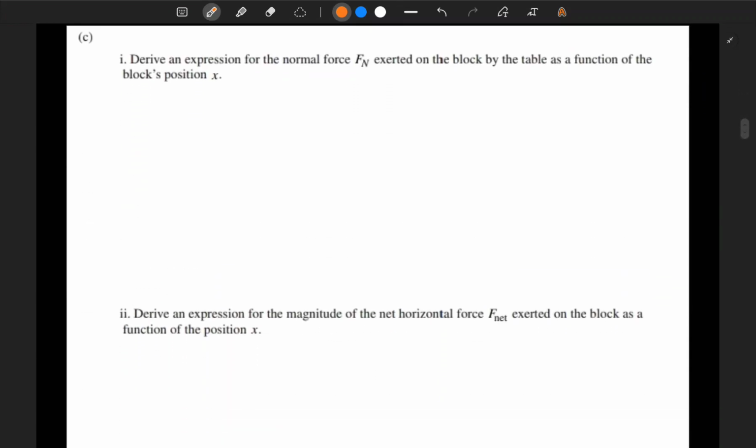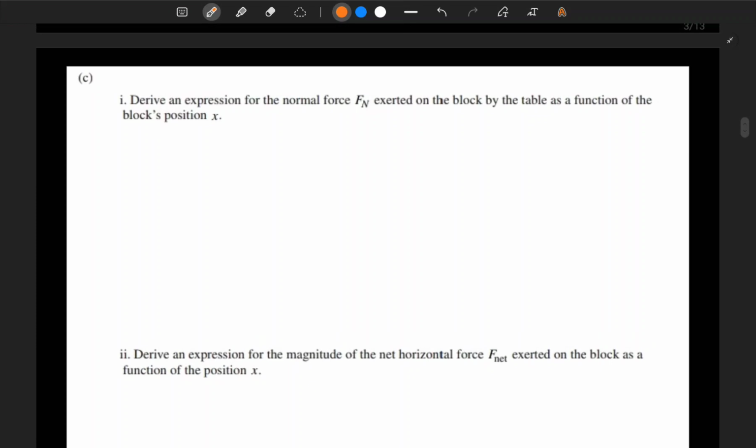Next, in C1, we wish to derive an expression for the normal force Fn exerted on the block by the table as a function of the block's position x. Well, at any given x position, we know that Fty, the y component of the tension force, is equal to Ft sine theta.